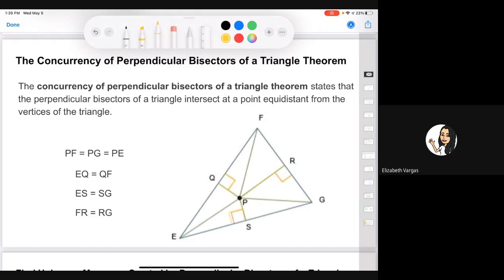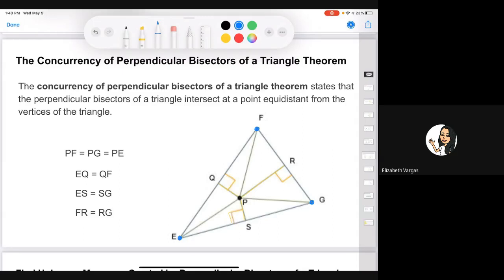So as you see, the incenter had to deal with angle bisectors. The circumcenter has to deal with perpendicular bisectors. What this theorem is telling me is that all my perpendicular bisectors meet at that center point, the circumcenter, and that the circumcenter is equidistant from all my vertices. Every triangle has three vertices, 1, 2, and 3.